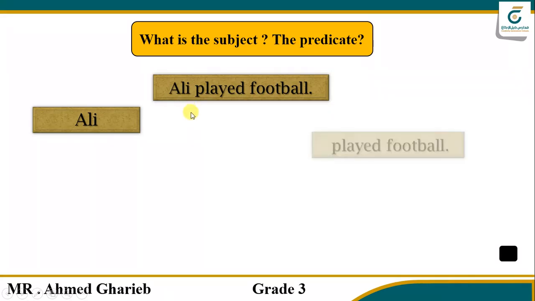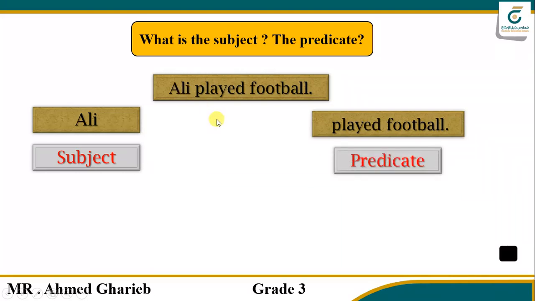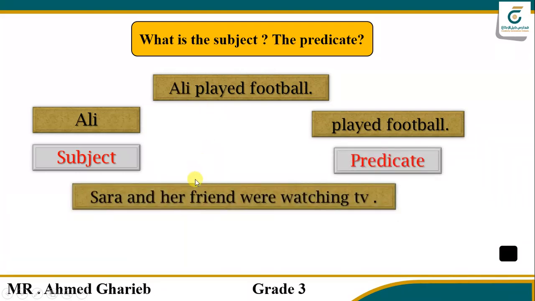Okay? Also, the predicate started with the verb. Okay? We have a subject and the rest is a predicate. Subject and predicate. Okay, look at this sentence and tell me which one is subject and which one is a predicate. Sarah and her friend were watching TV.